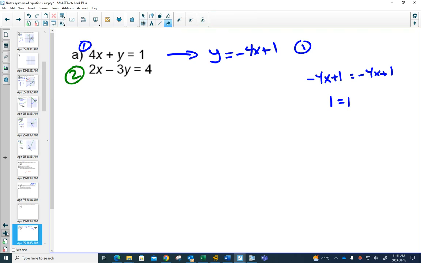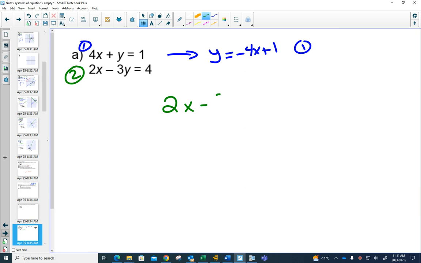But if we substitute into the other equation, I got the y by itself, so equation 2 was 2x minus 3, but instead of y, what will I write? Because I'm rewriting the second one, but instead of writing the y, I put a big set of brackets. And what is the y equal to?